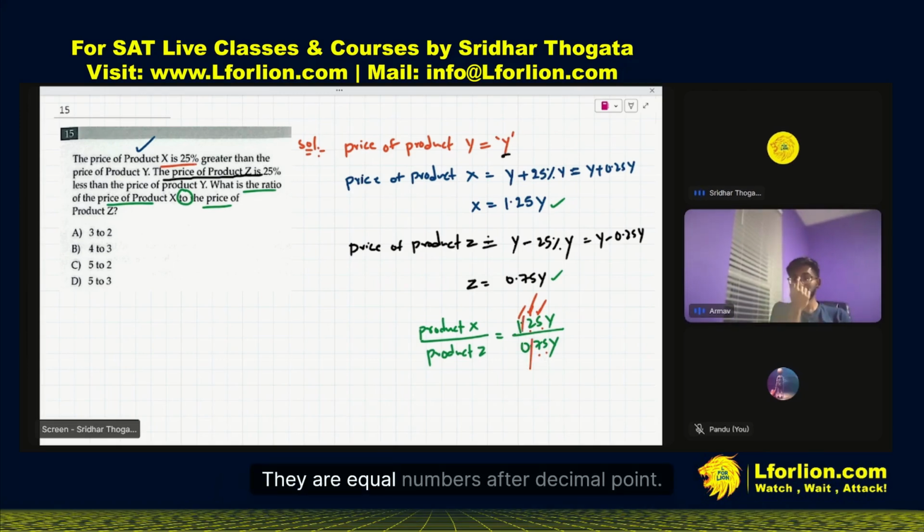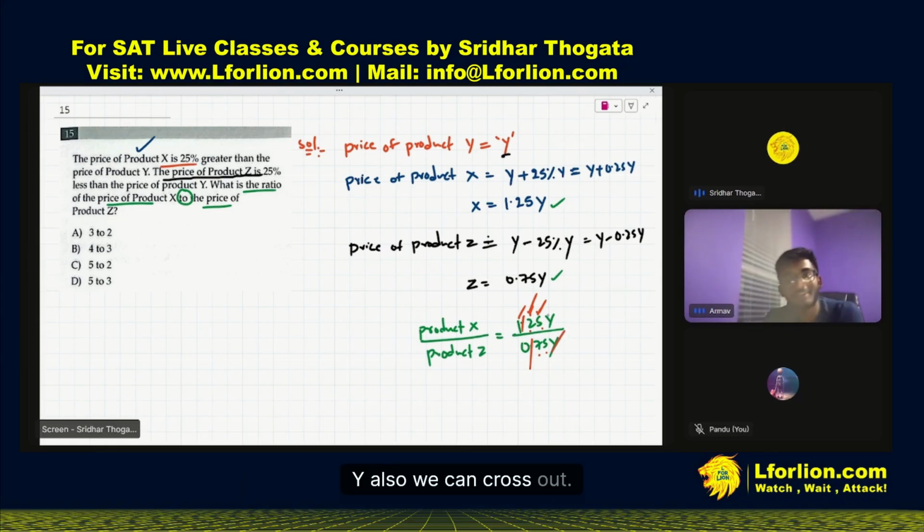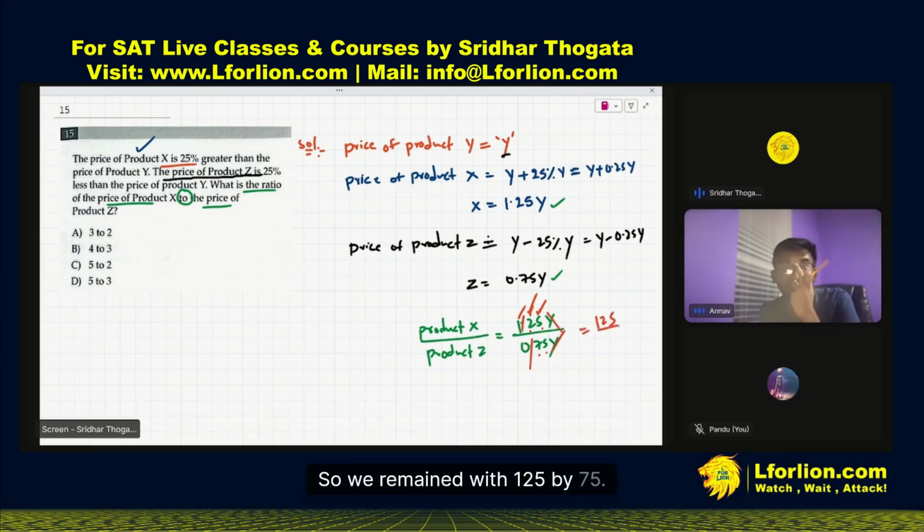They are equal numbers of digits after the decimal point, and Y we can also cross out, so we remain with 125 by 75.